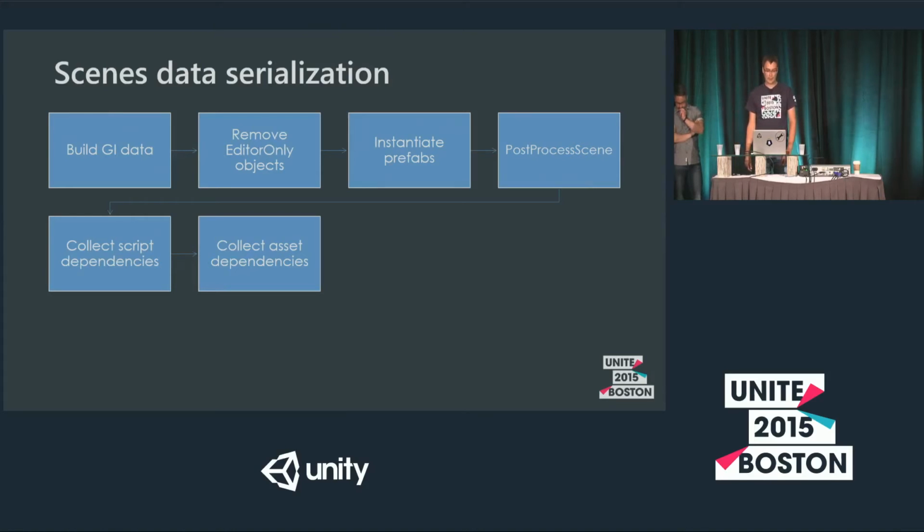Then we break all prefab connections and instantiate all referenced prefabs into the scene, so the scene doesn't have references to any prefabs anymore. And we call editor scripts which are marked with the post-process scene attribute. Here you can see an important detail: any changes during post-process scene calls have no effect on the generated GI data. The same is valid for editor-only objects.